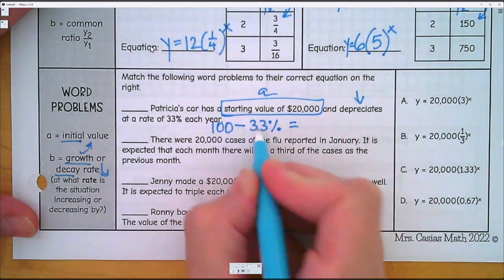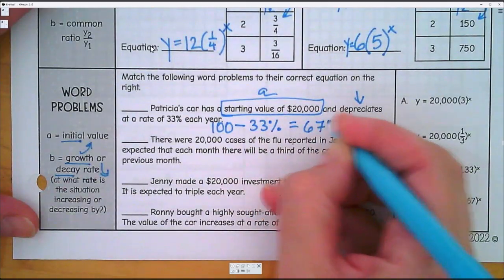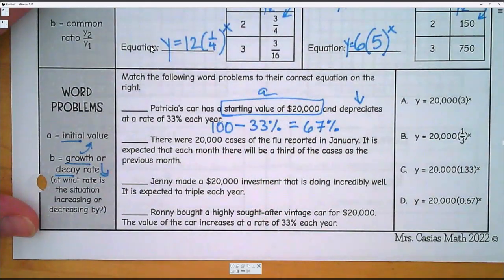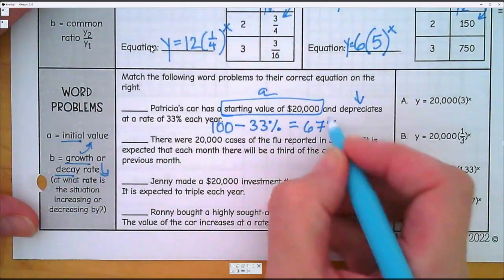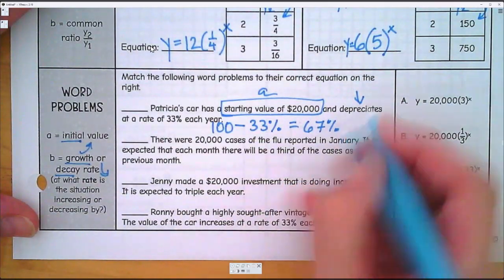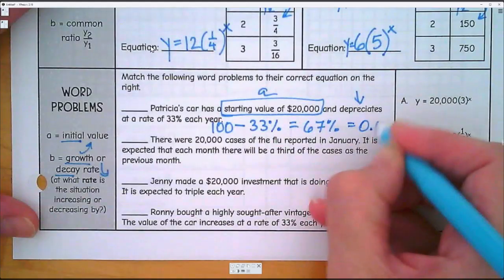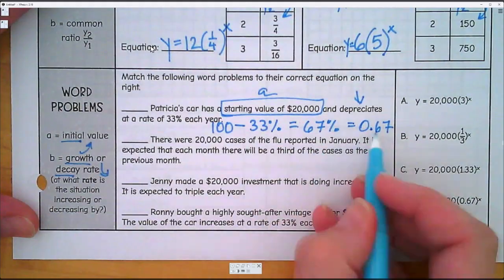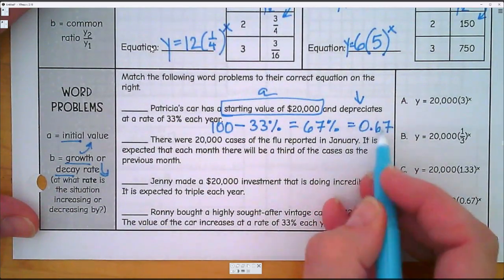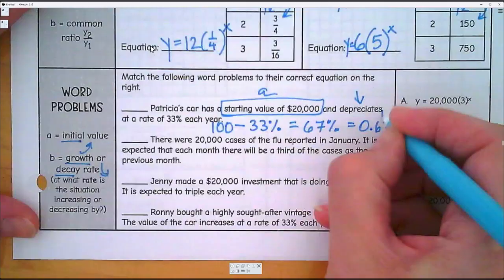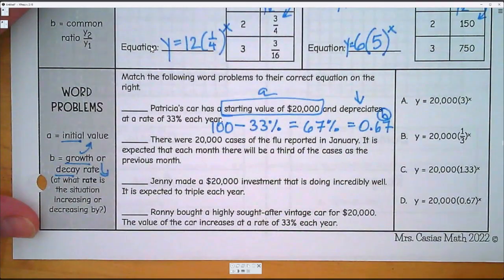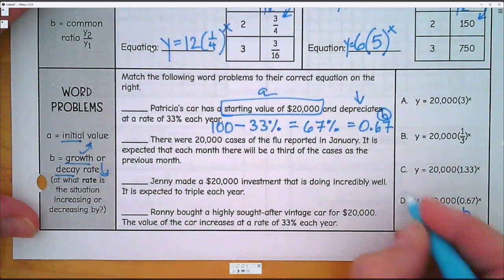So 100 minus 33 should give me 67%. But I don't want to put a percent in the equation. I want to write that in its decimal form. And so 67% as a decimal is 0.67, right? Think about 67 cents on the dollar. So this is my B value. And I can see right here an equation that has an A of 20,000 and a B of 0.67 is answer D.